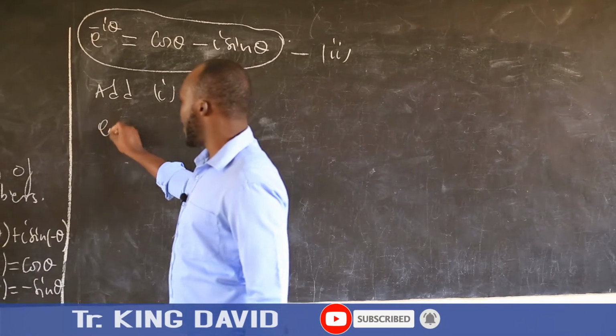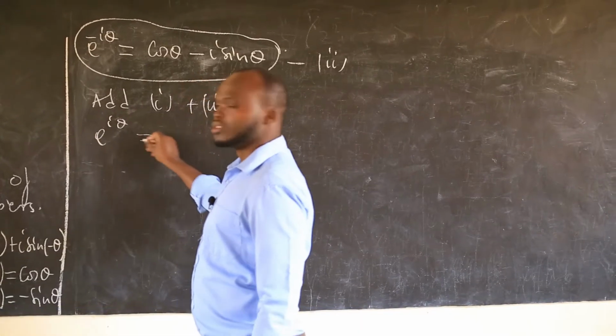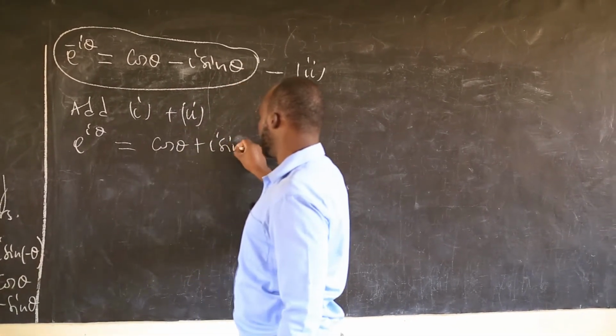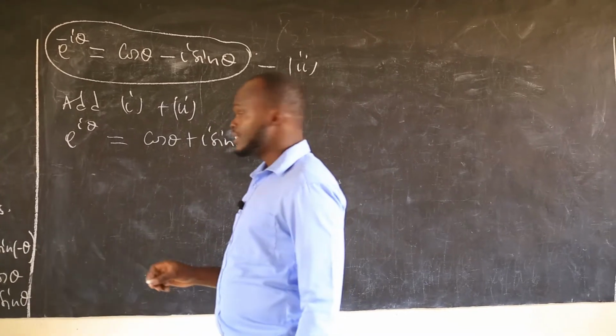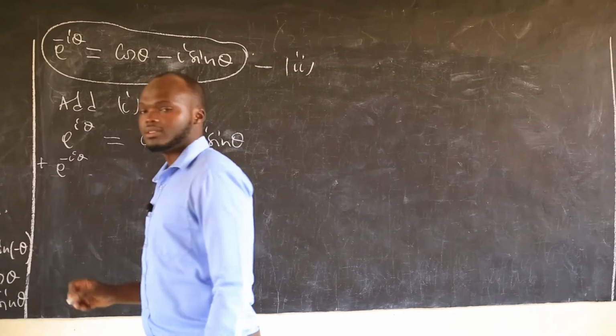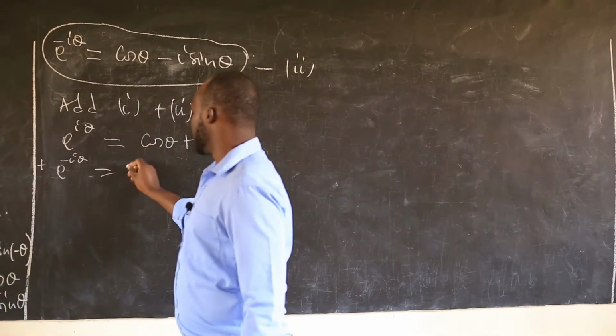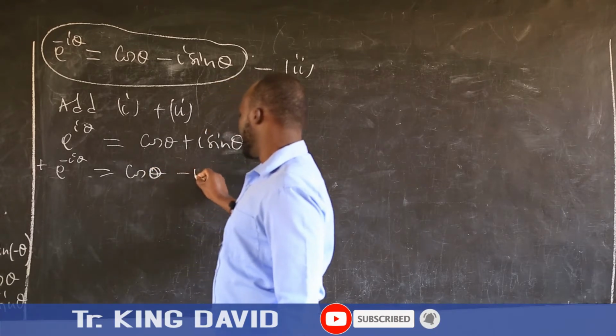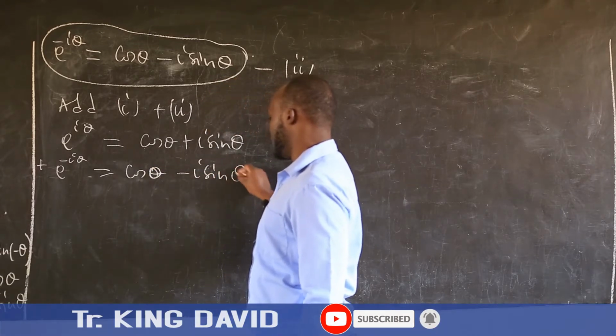That is e power i angle, which equals cos angle plus i sine angle, plus e power negative i angle, which equals cos angle minus i sine angle.